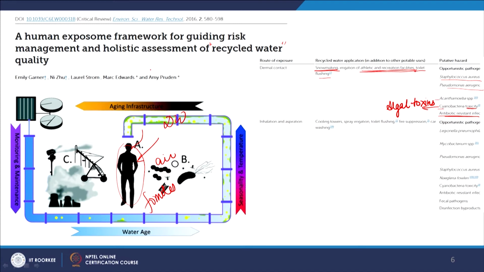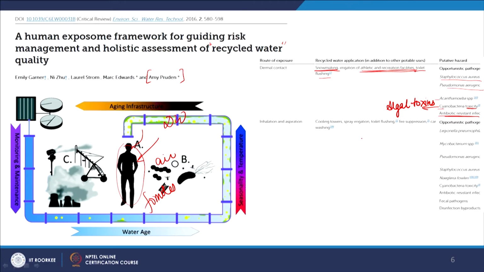In fact, Amy Pruden, who is the corresponding author of this paper, has done a lot of research on antibiotic resistance genes in reclaimed water, and she has shown that reclaimed water has elevated levels of ARGs. So, there is also a probability that through dermal contact people would be exposed to antibiotic resistant microbes.